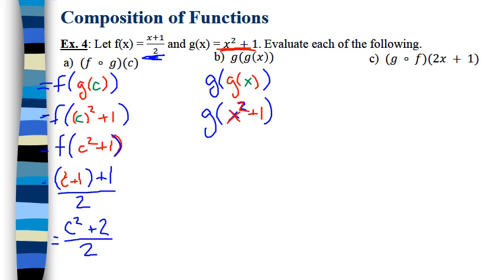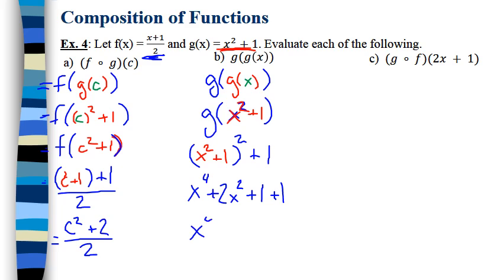If we put x squared plus 1 into the g function, it says take your input, x squared plus 1, square it and then add 1. So if I put x squared plus 1 here and expand, I have x to the 4th plus 2x squared plus 1 plus 1. Simplified, x to the 4th plus 2x squared plus 2.